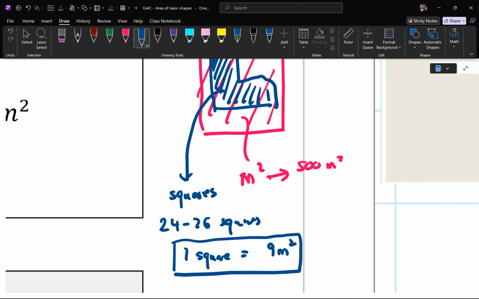If you're wondering what 9 square meters is, have you ever seen the planning of a home? Your bedrooms, on average, even check your own home, are roughly about 3 meters by 3 meters, because 3 times 3 gives you 9 square meters. That's 1 square. So the number of squares tells you how many rooms you can roughly fit into a house. And that's what they measure it with.